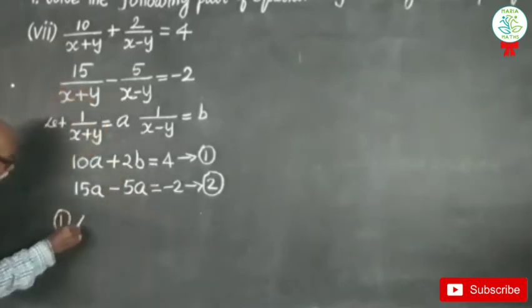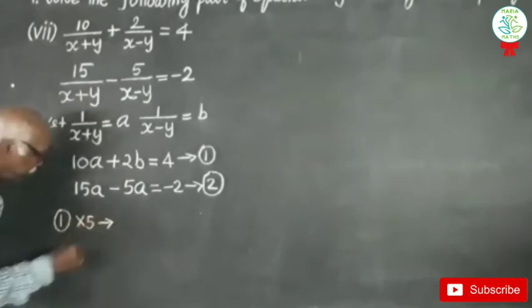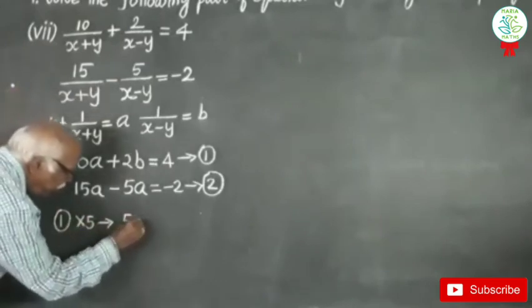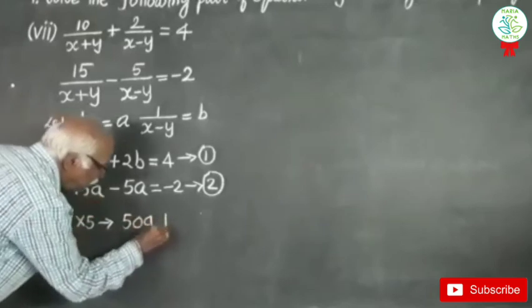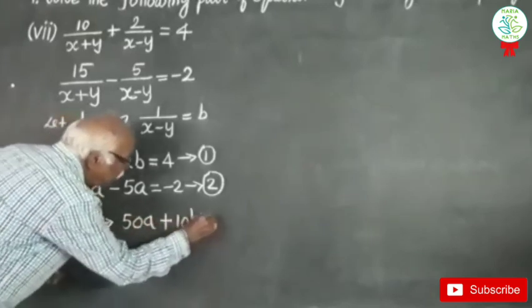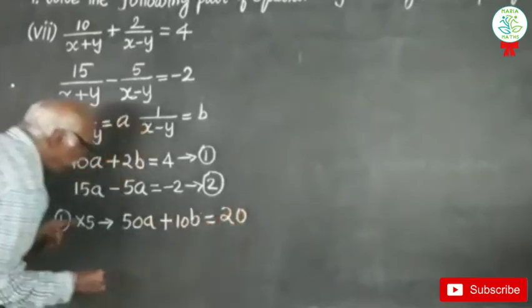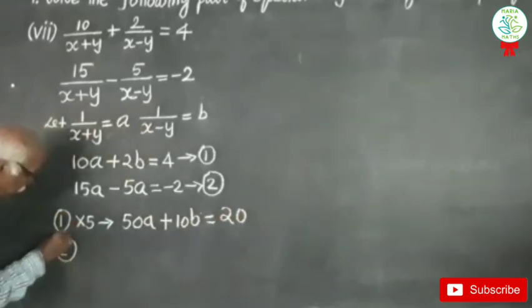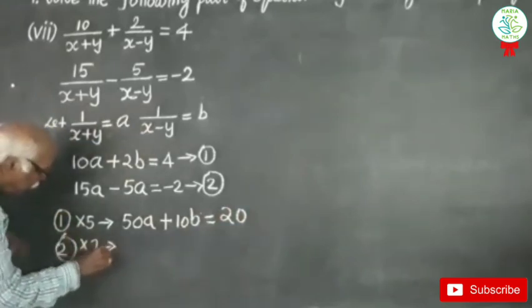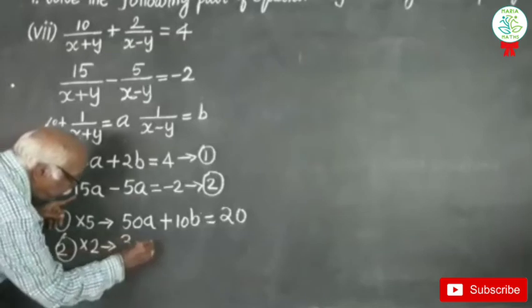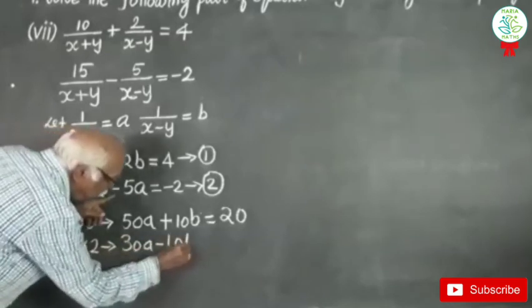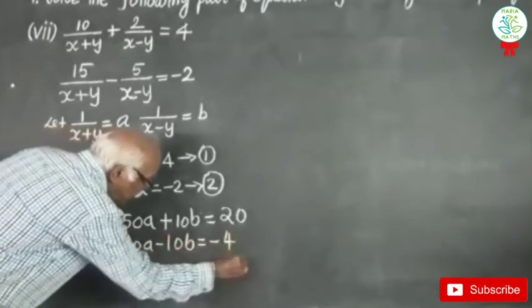Equation 1 into 5 gives 50a plus 10b equal to 20. Equation 2 into 2 gives 30a minus 10b equal to minus 4.